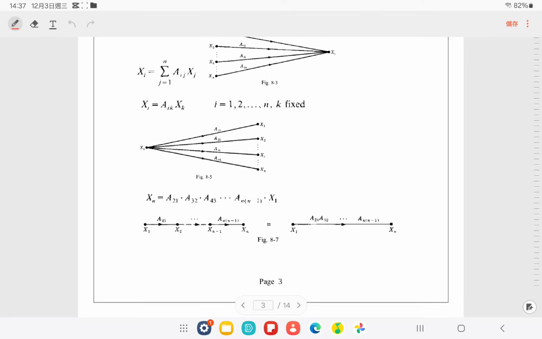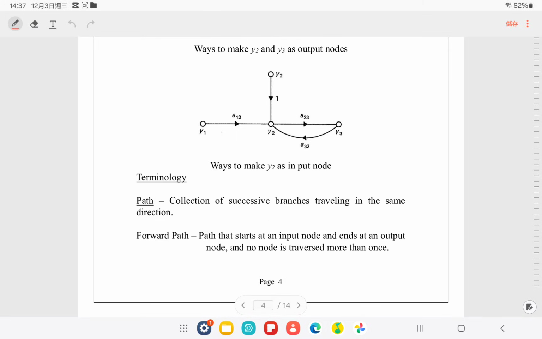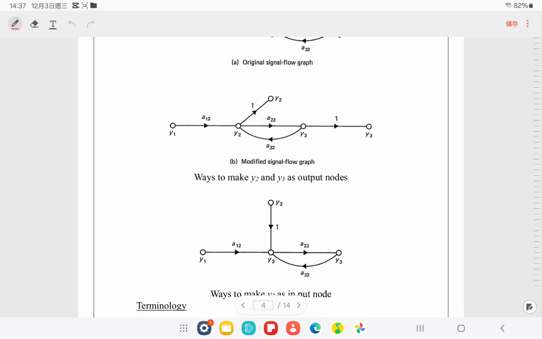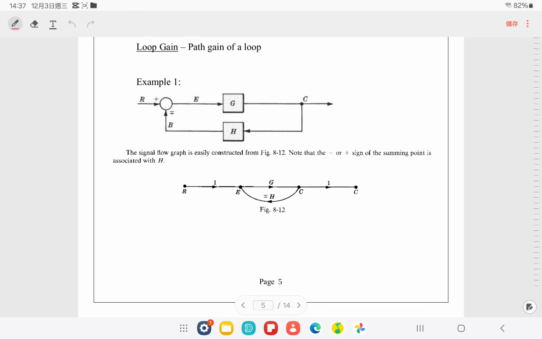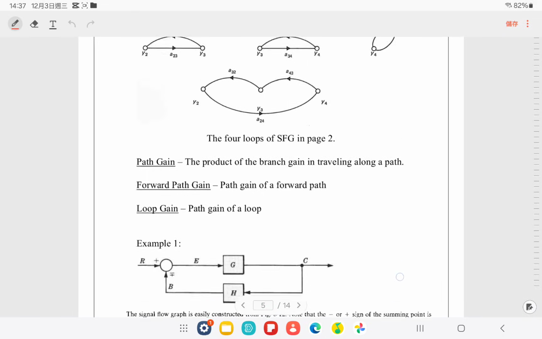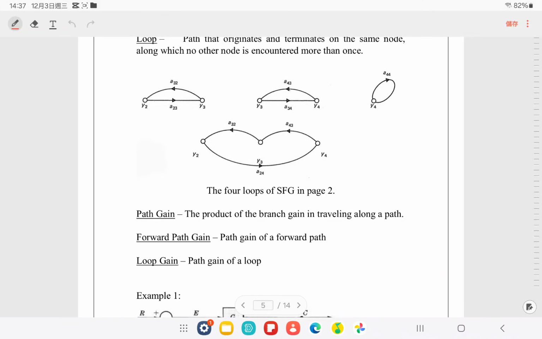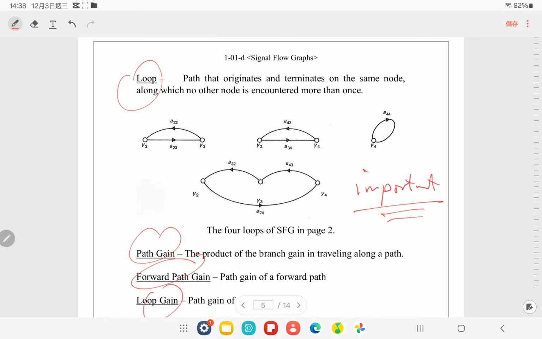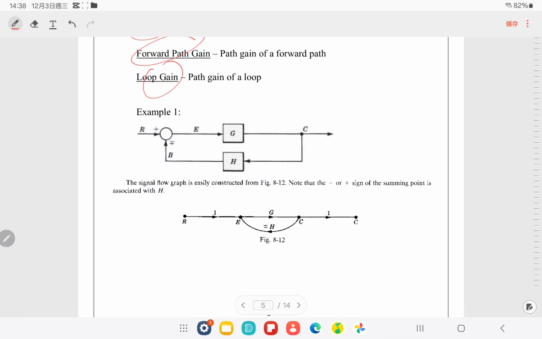These are the things you need to know. Not directly examinable. These are the terminology, all these things. The path gain, how to calculate the path gain, or of course all these are important. The path gain, loop gain, all this stuff.